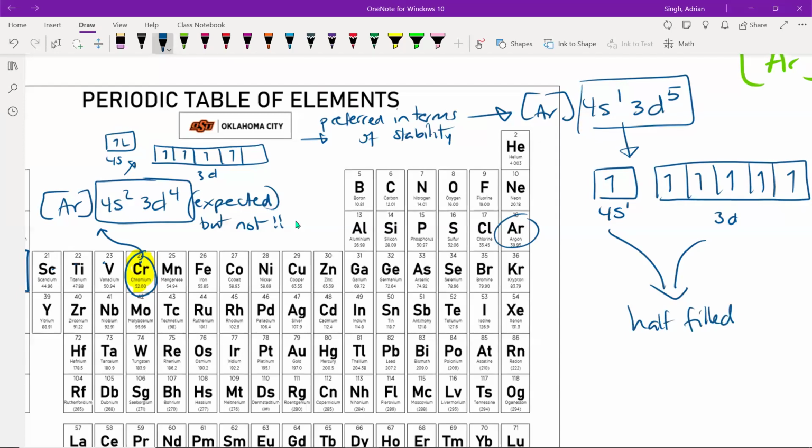Okay, and the reason that that is preferred is that there's a slightly greater stability associated with these subshells that are either completely filled or half filled.